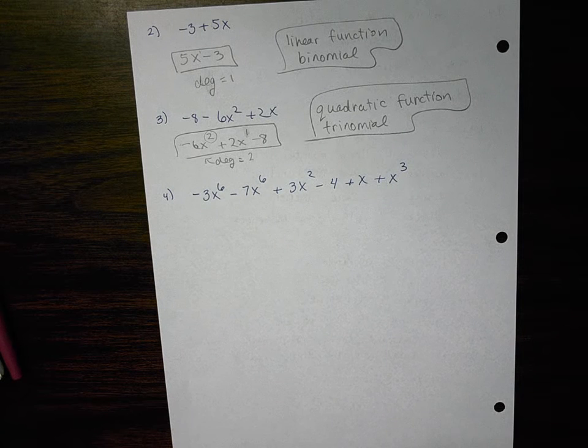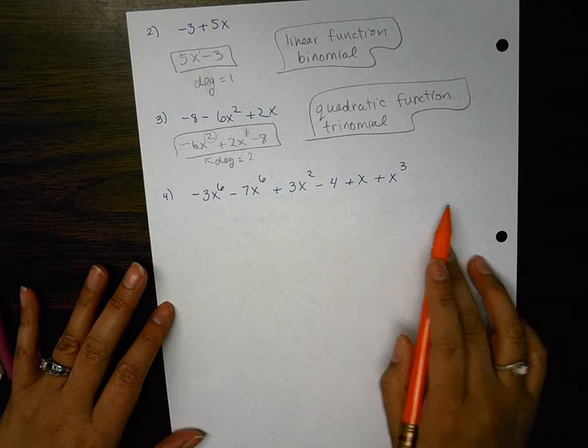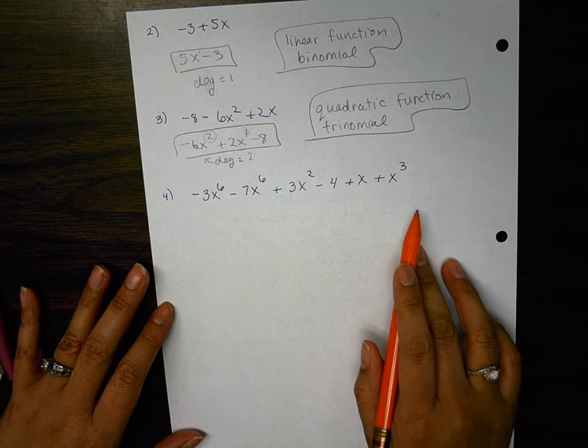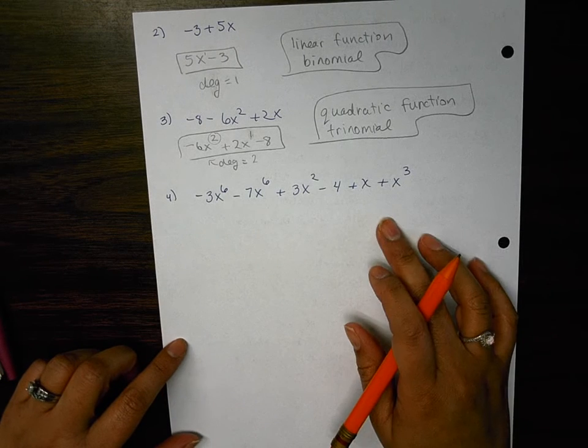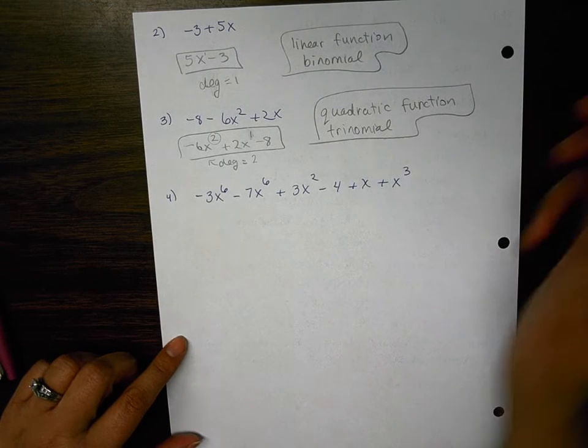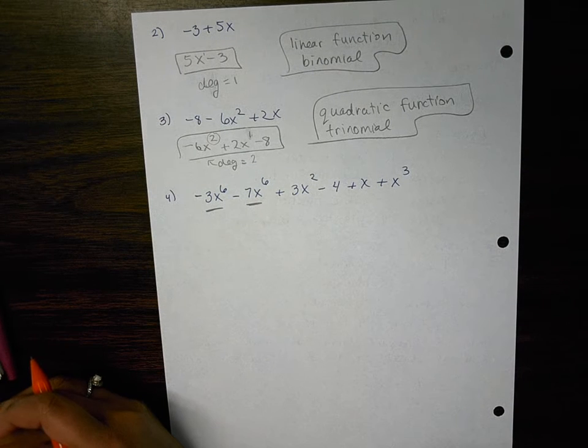Not only that, can anybody tell me what's different besides it being a lot bigger? What does this one have besides a larger degree that these other 3 did not? Too many numbers, that's part of it. What else? Terms. Do they have like terms?